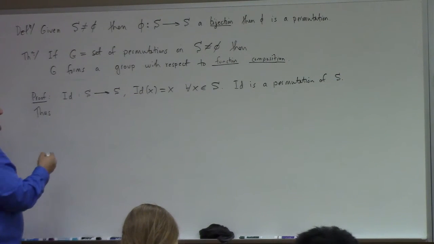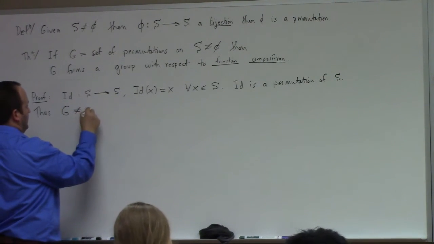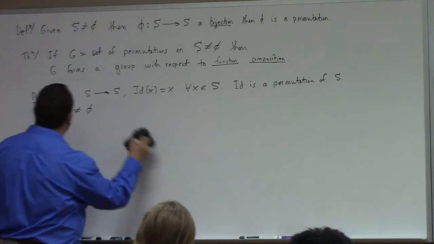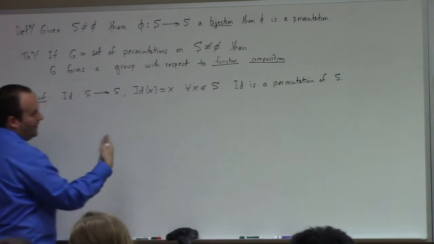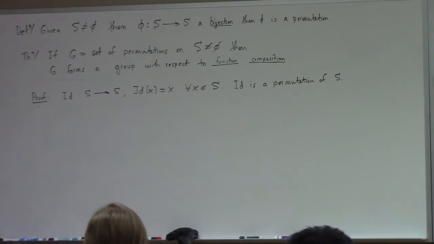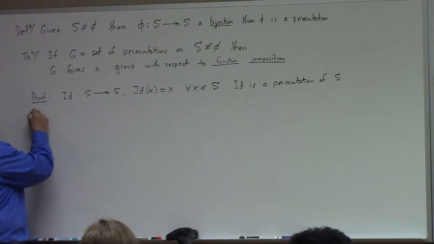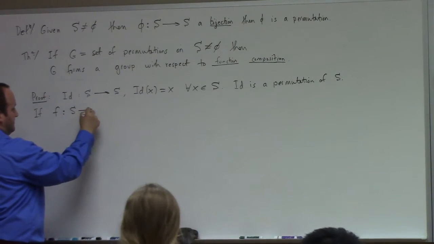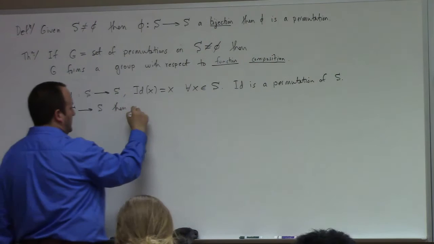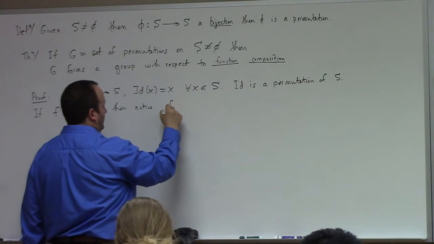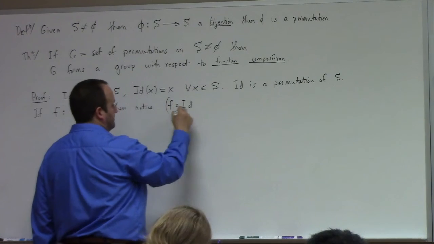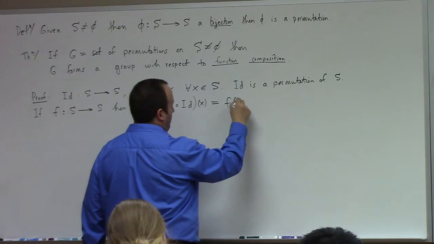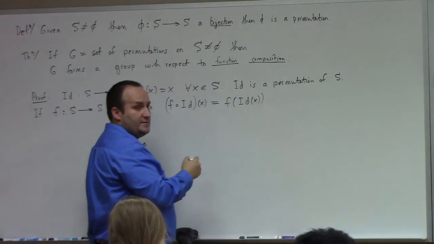Thus G is not equal to the empty set, for one thing. I guess that's not really my point, though. I'm arguing that the identity map serves as the multiplicative identity. So if F is a mapping on S, a bijection, then notice if we look at F composed with the identity, acting on x, what do we get? Definition of function composition, right?